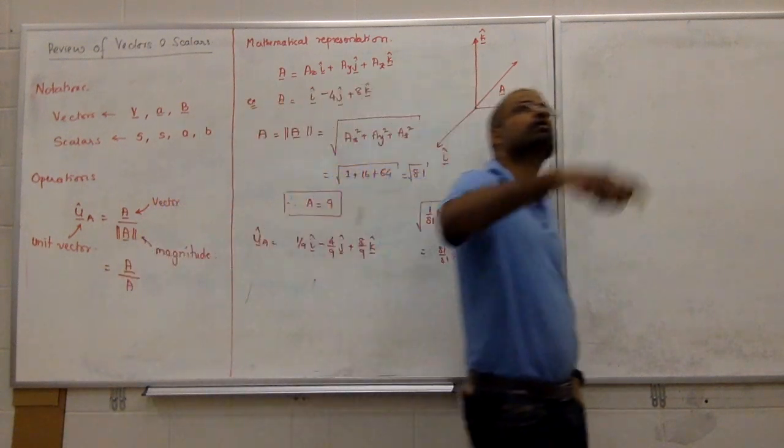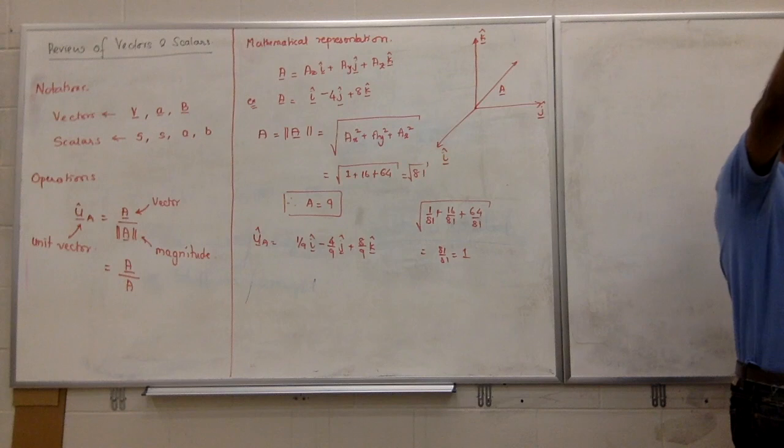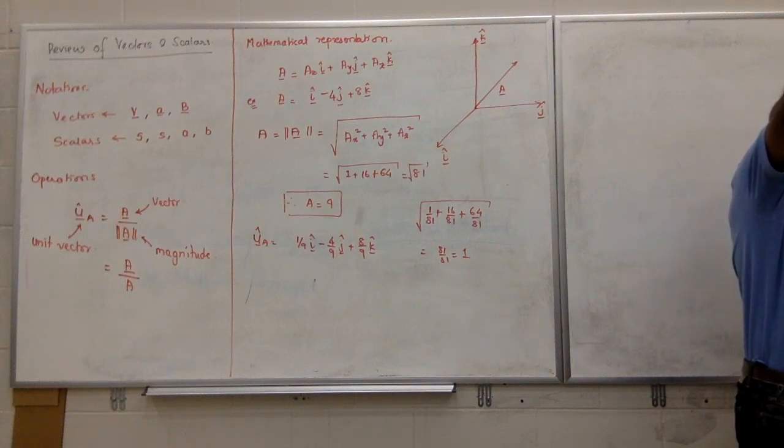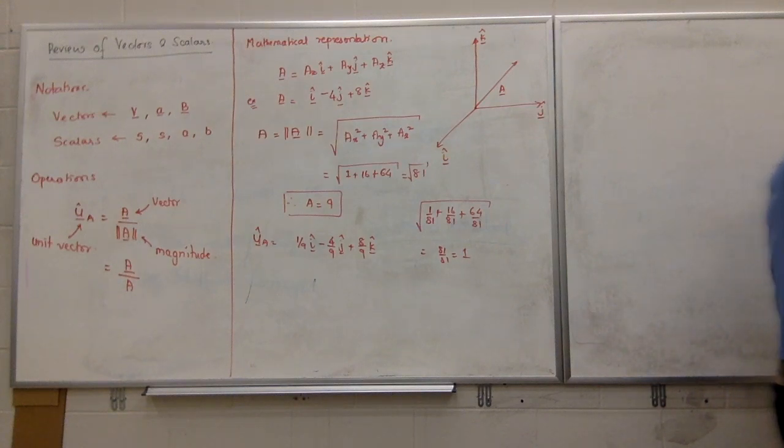Let's look at that light or the fire alarm. If you look at the basis, what is the basis here? This is your x direction. This is your y direction. This is your z direction. Right?